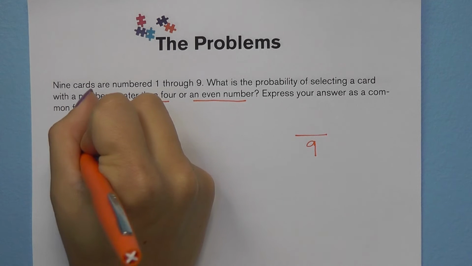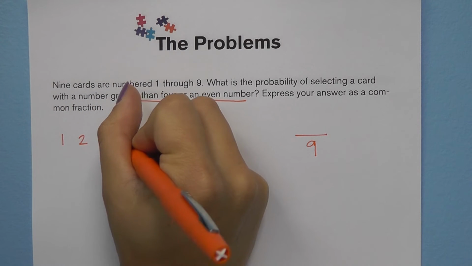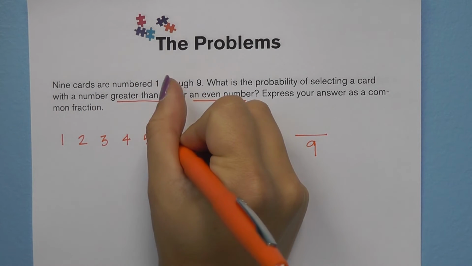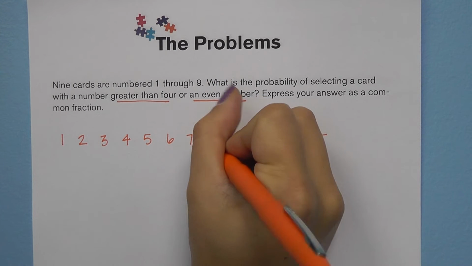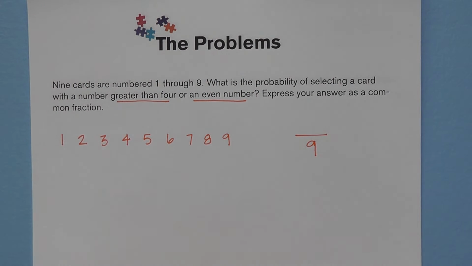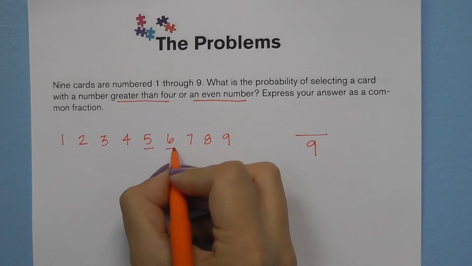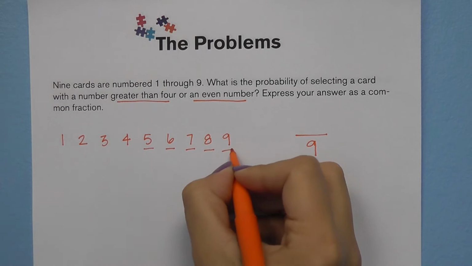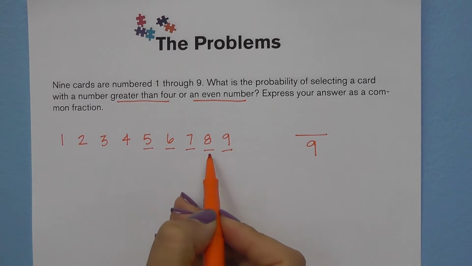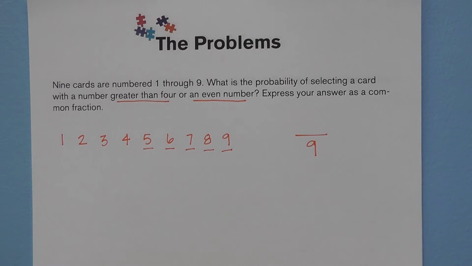We can draw the numbers 1, 2, 3, 4, 5, 6, 7, 8, or 9. If we look at our first thing, a number greater than 4, that means we can have 5, 6, 7, 8, or 9. So that gives us 1, 2, 3, 4, 5 possible favorable outcomes.